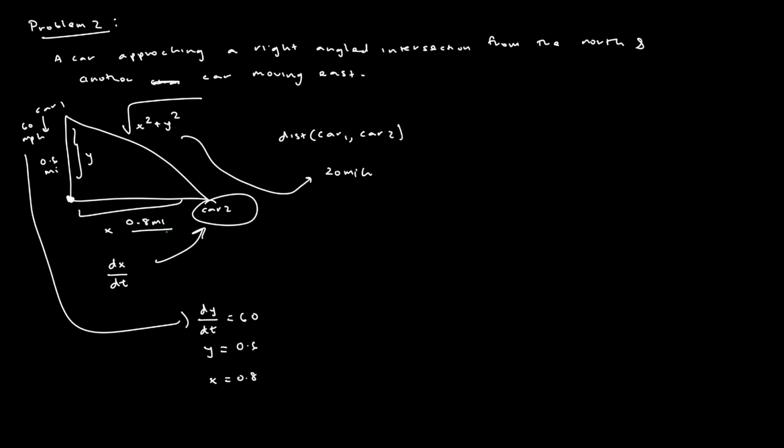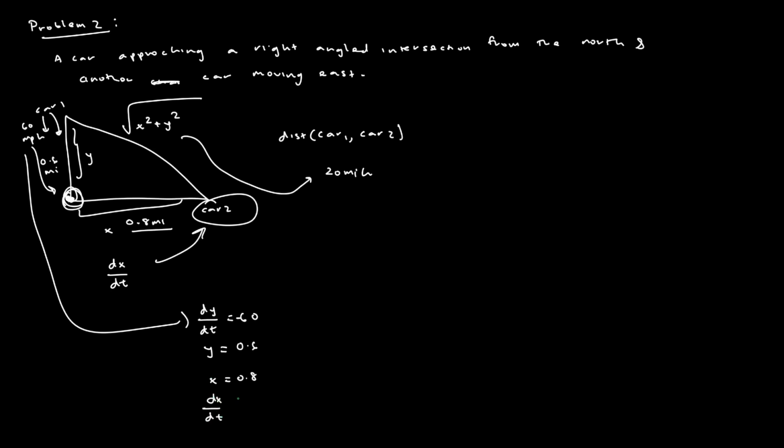In this case, since we're going south at 60 miles per hour, dy over dt is minus 60, because we're measuring distance to this point. Our distance to the center point, or the intersection point, is reducing as time goes on, so dy over dt is actually minus 60. And y is 0.6, x is 0.8. We have to find dx over dt.